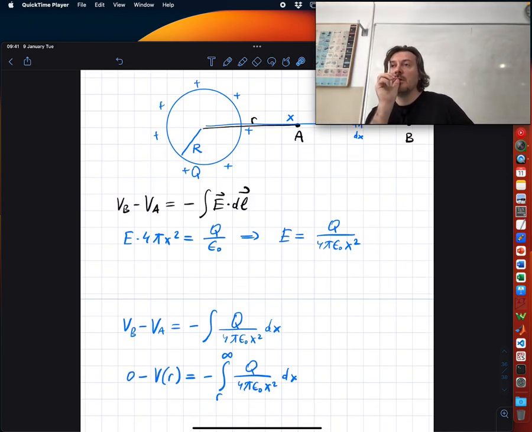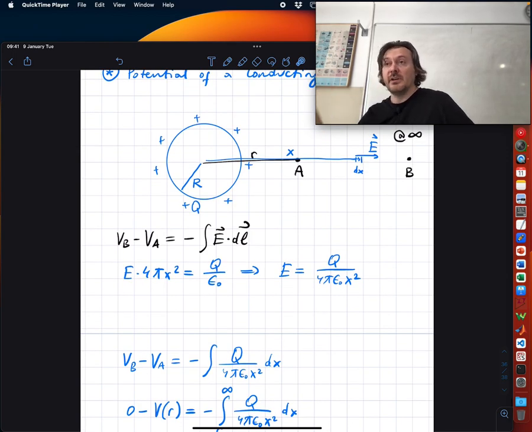Why do we have to choose dx in between A and B? So we need to integrate, first of all, because electric field depends on the distance. That's number one reason. Number two, do we need to choose x between A and B? Not really.